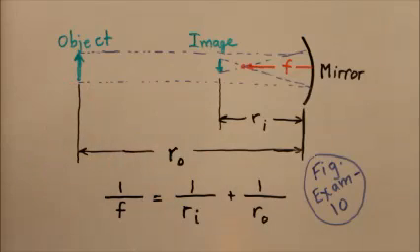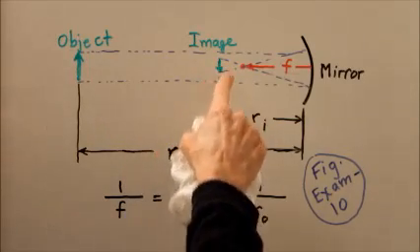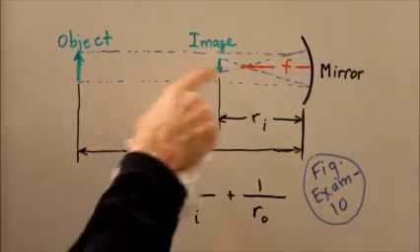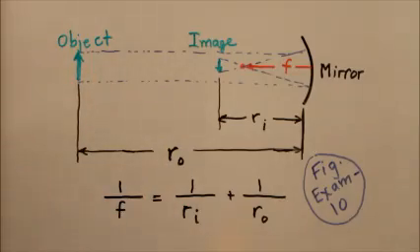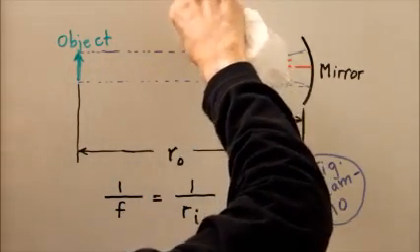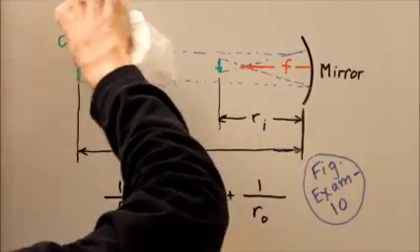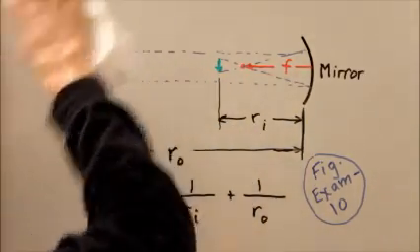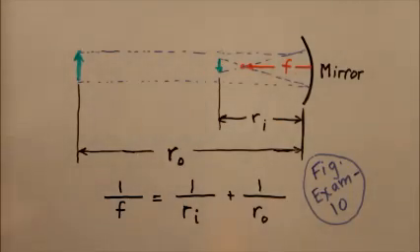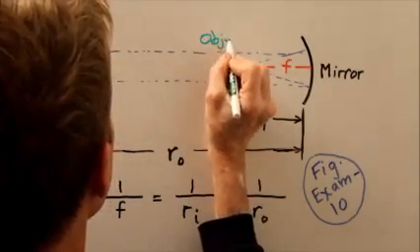Now this is actually a little bit of a trick question, because if this r sub o here is really only 1.2 times the focal length, then we should take this figure exam-10 and put the object here.